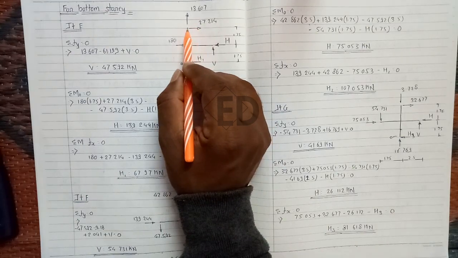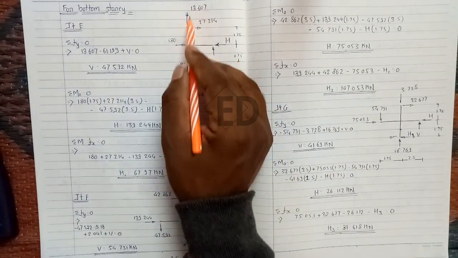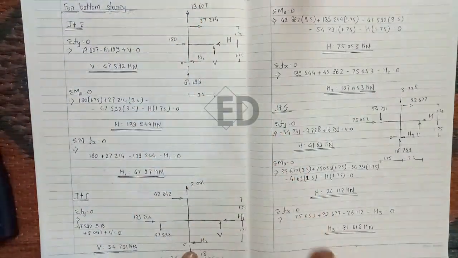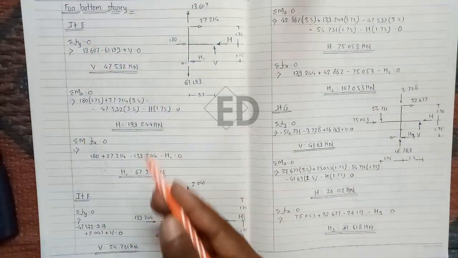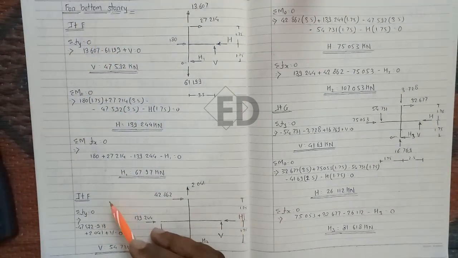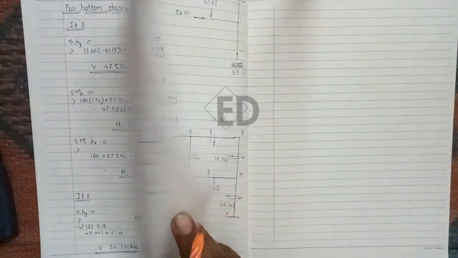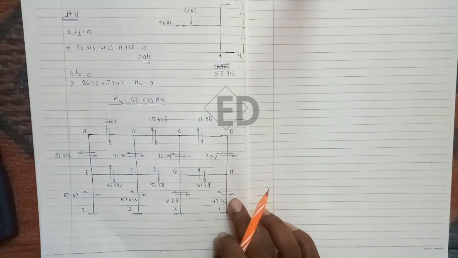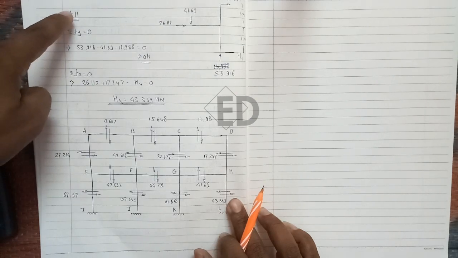Just make sure that the joint is in equilibrium, hence the reaction transferred from the upward side or from the downward side is exactly equal and opposite. Just solve joint E by applying 3 operations, then joint F, joint G, and whether we are getting right or wrong answers, we are able to find out from joint H.